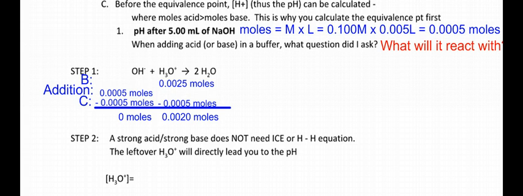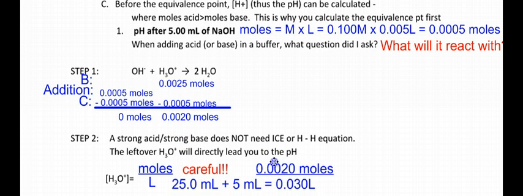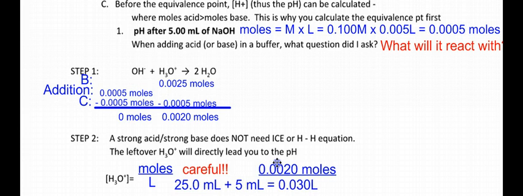I just need to find out what the hydronium concentration is. Well, I know it's moles per liter. And I'm going to say, careful, careful, careful here. Why careful? Well, I'm going to use this many moles, but look at my volume. This is the initial volume I started out with, 25 mL of the hydrochloric acid.